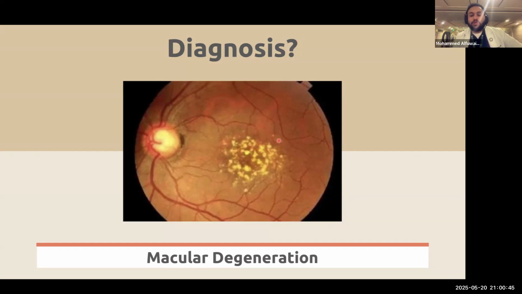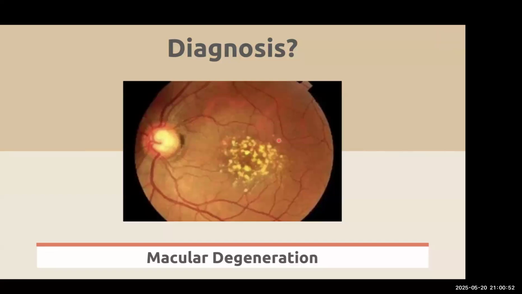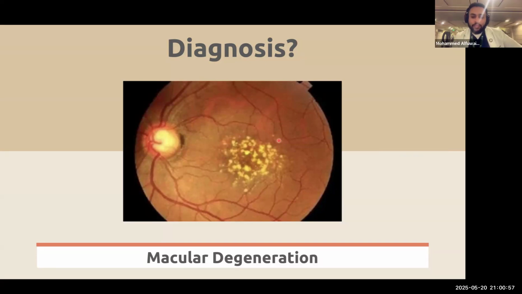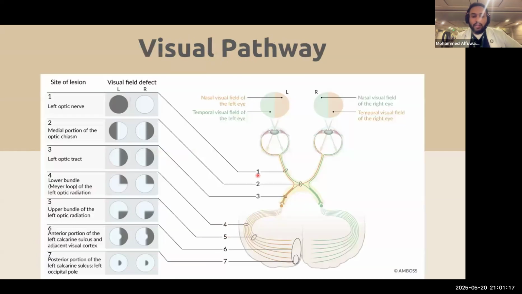This is what we call drusen. Can you spell it? Drusen. Okay, no problem. Drusen is a deposit that's seen in the macula, these yellow spots. Now, macular degeneration, one of the more common causes of elderly associated vision loss. It's characterized by loss of central vision. Okay? That's the key thing about it.